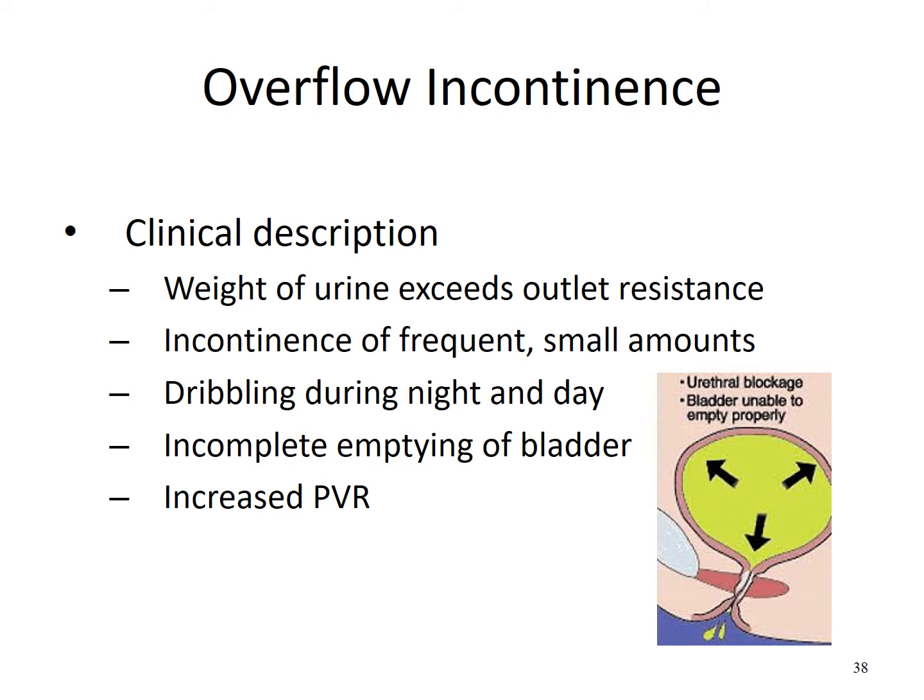This often happens in older men because of an enlarged prostate compressing the bladder neck. But there can be other reasons for compression. We gave examples such as constipation, so large hard stools, or perhaps something related to a cancer, some sort of malignancy there as well. Because there is a problem with outlet obstruction, patients do have increased post-void residual, so this distinguishes this particular type of incontinence compared to the others.